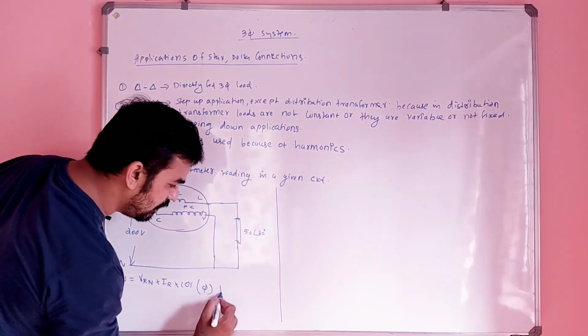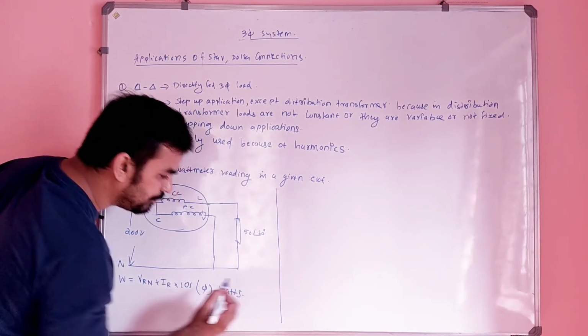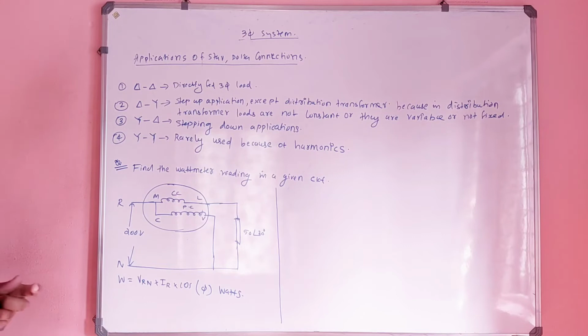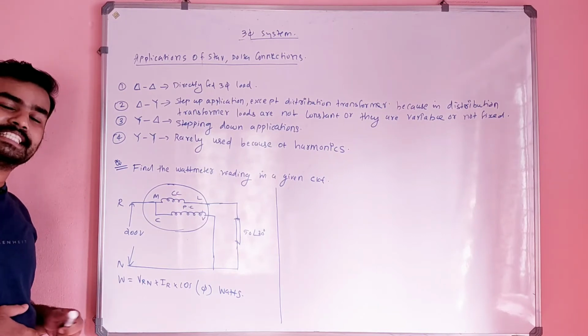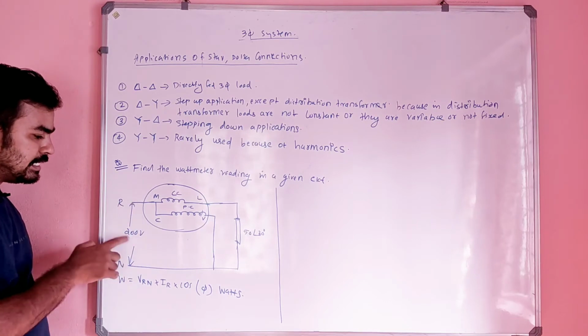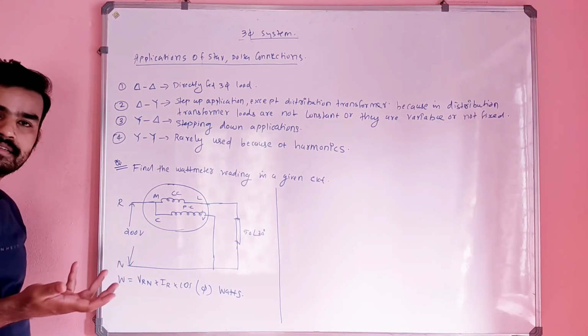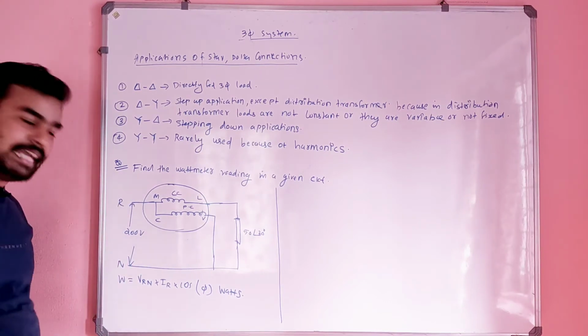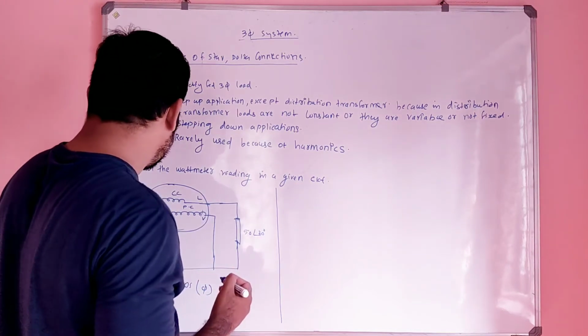This much watts will be the wattmeter reading. Is it okay? The voltage between this and this is already given as 200, so there is no need for extra calculation.